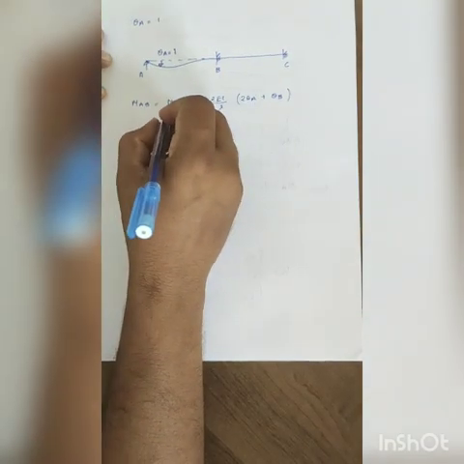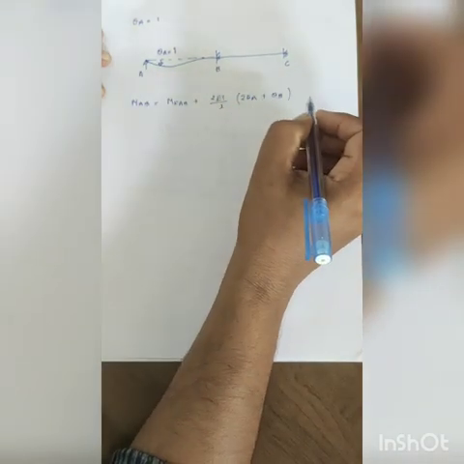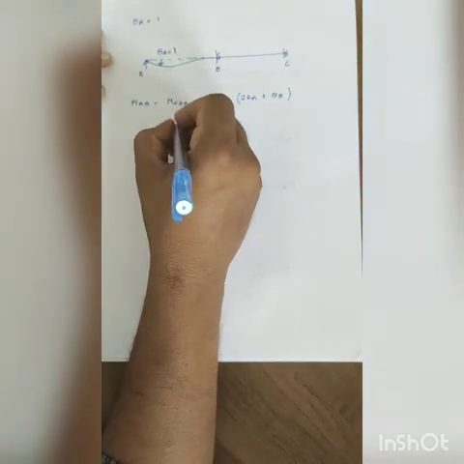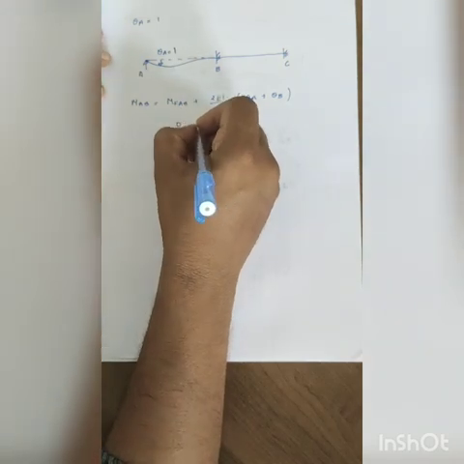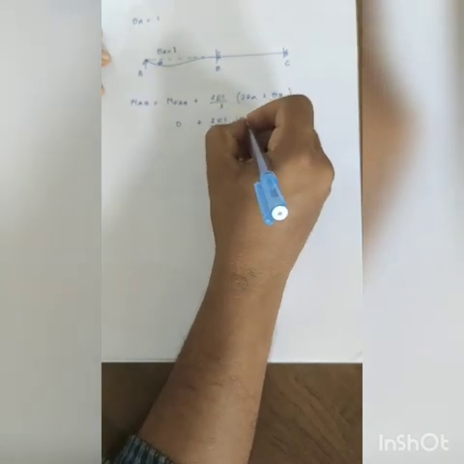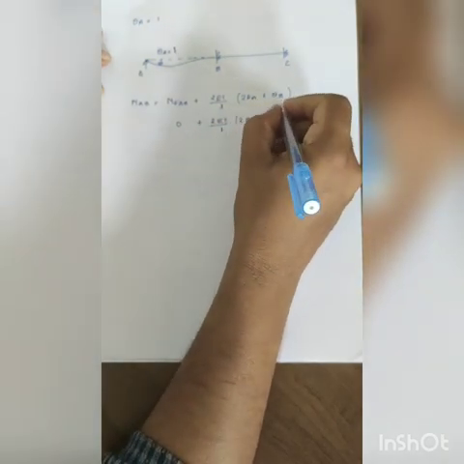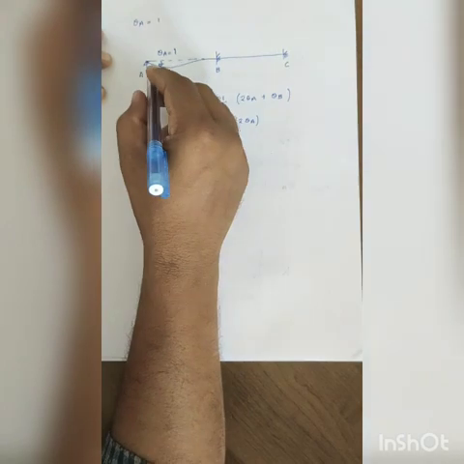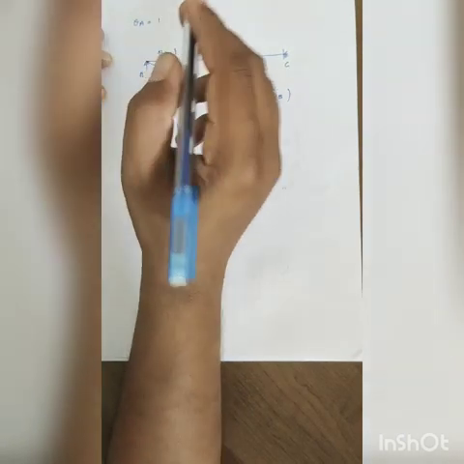Since there is no applied load, there won't be any fixed end moment. So the fixed end moment is 0, and the term 2EI by L into 2 theta A plus theta B is 0 because we are applying only rotation at the first coordinate theta A.